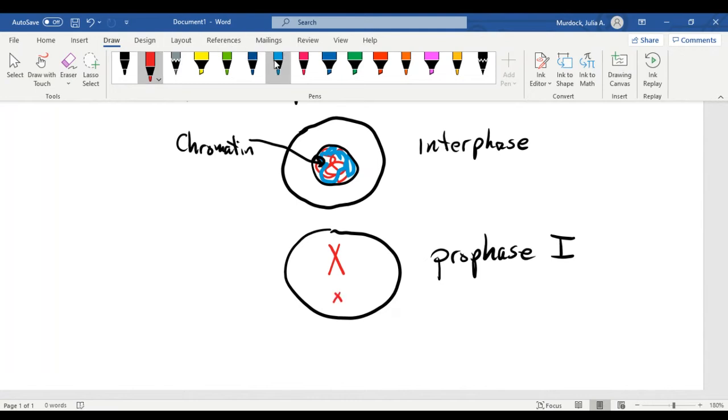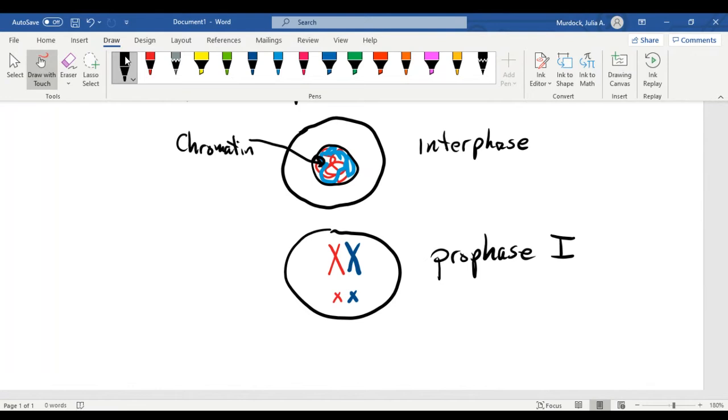Again, remember I said that I have mom and dad homologous chromosomes here, right? So there's that. There's that. Okay. So those homologous chromosomes are close together. They're really close together. And now a couple things are going to happen.